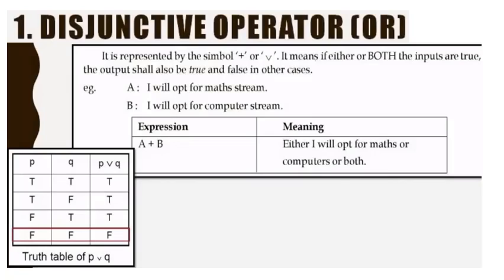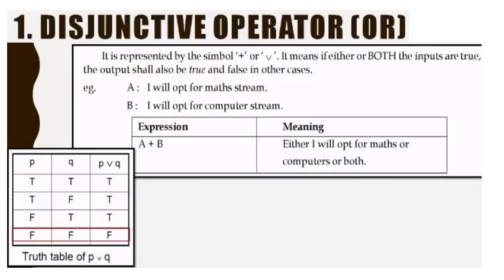For example, let's say A represents "I will opt for maths stream," and B represents "I will opt for computer stream." Then the disjunctive operator A plus B means either I will opt for maths or computers or both.